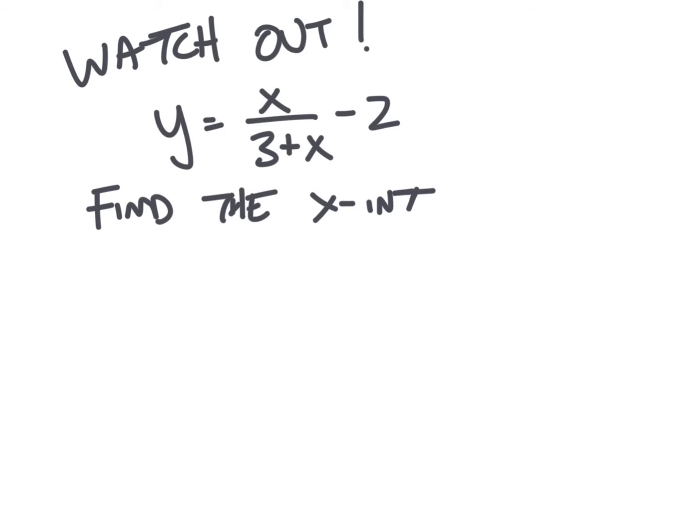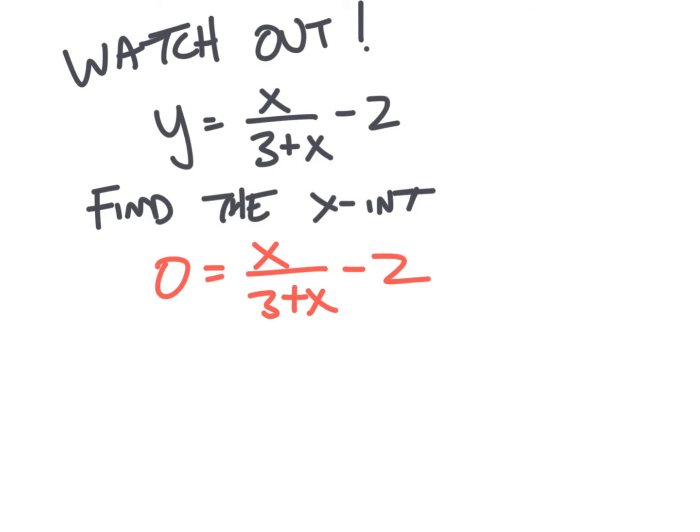Now something to watch out for is if you don't have just a fraction, like if you have a minus 2 here on the outside, and you're solving for the x-intercept. Remember, that's whenever you set y equal to 0 and solve for x. Well, this time, we're not just going to multiply by the denominator because we have this extra 2 hanging out.